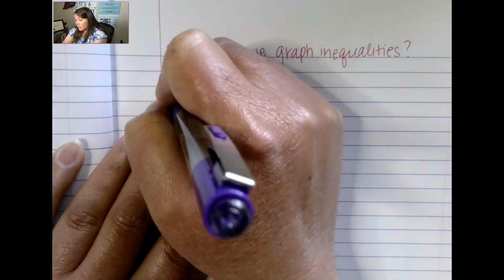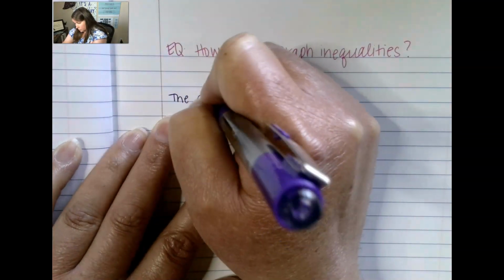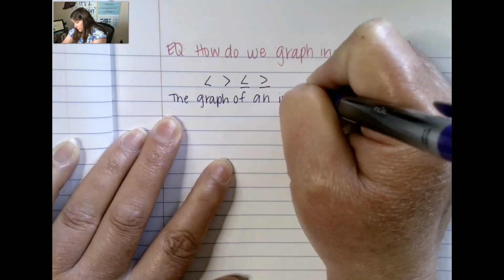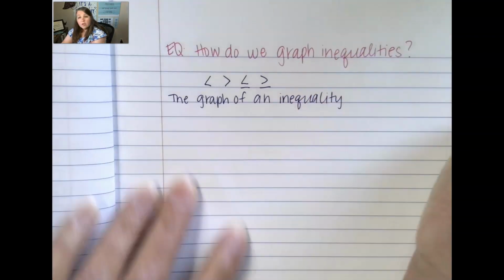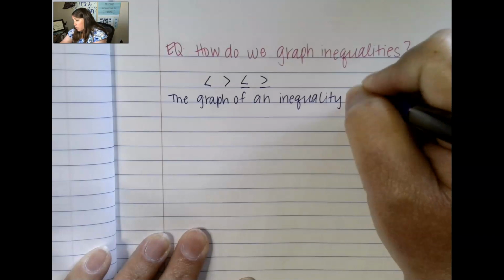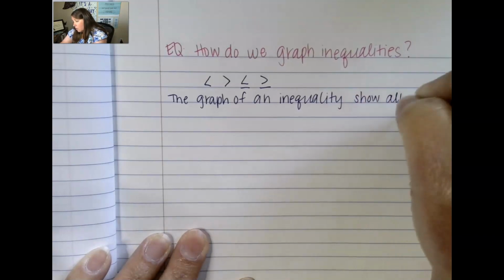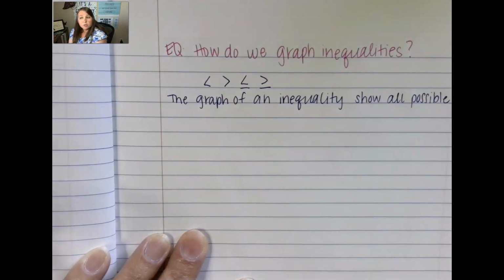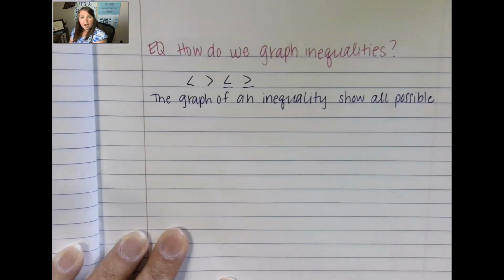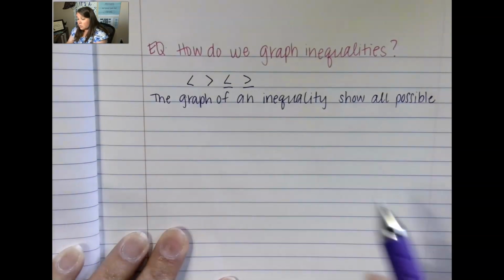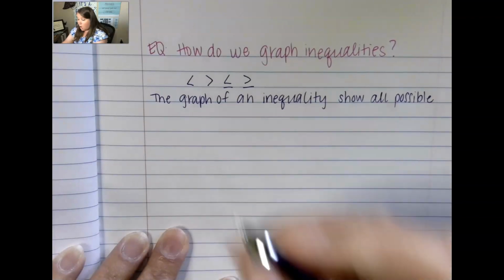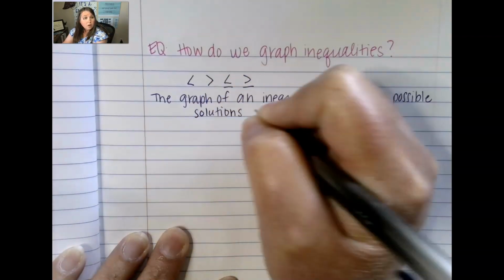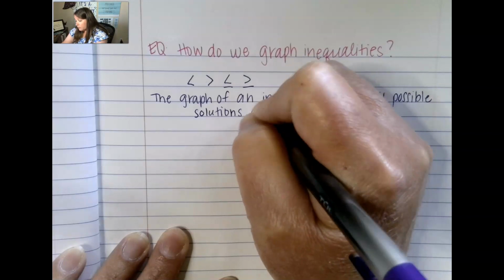So the graph of an inequality will show all the possible solutions. So when we graph an inequality, when we use one of these symbols to graph something, it will show all the possible solutions of the inequality on a number line.